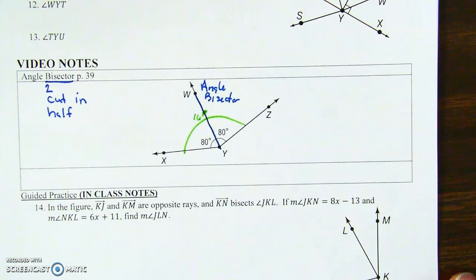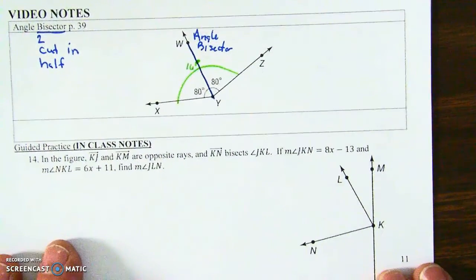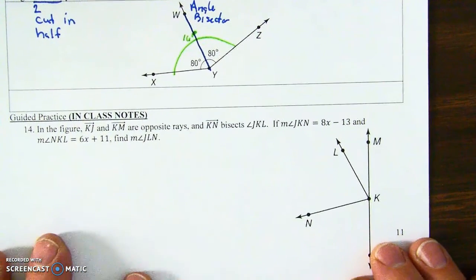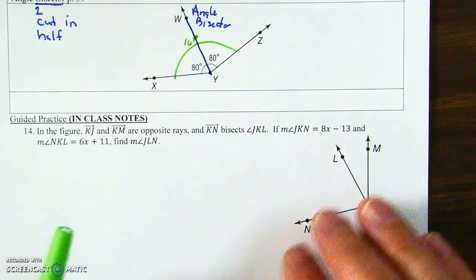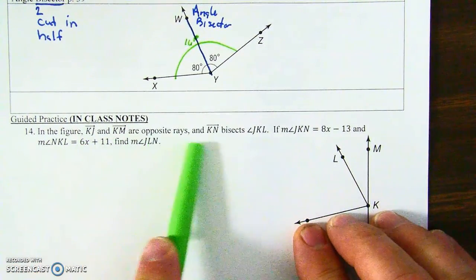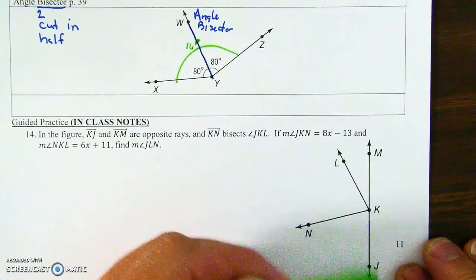With that being said, let's move down to our first example with bisecting. Remember, cutting things in half. Now we're going to use a little bit of algebra to figure this part out. It says in the figure, KJ and KM are opposite rays, which, when we talked about this, is called a straight angle.